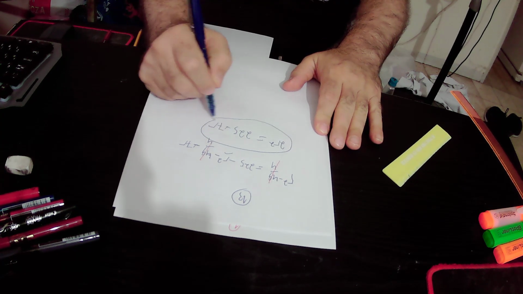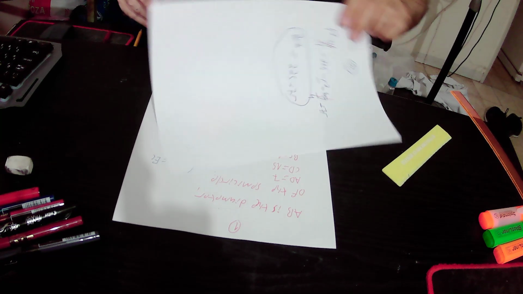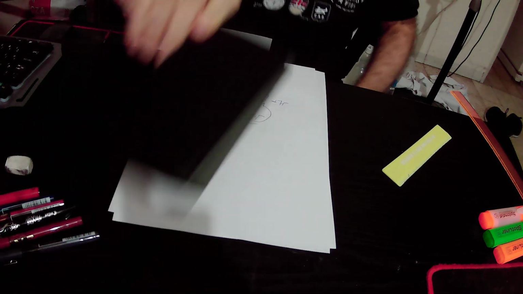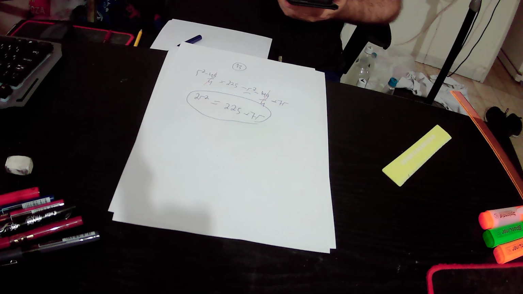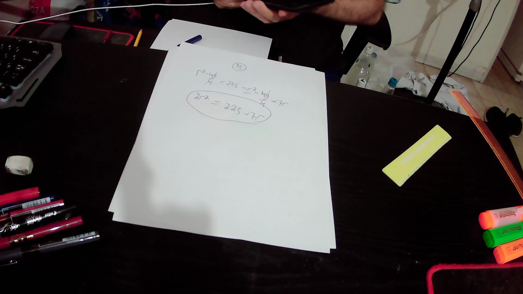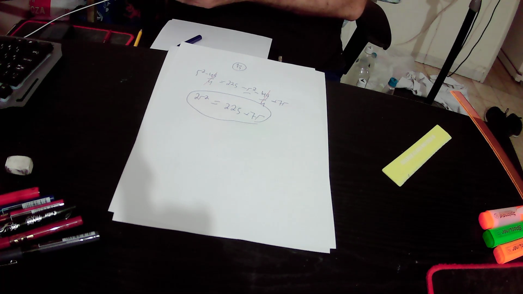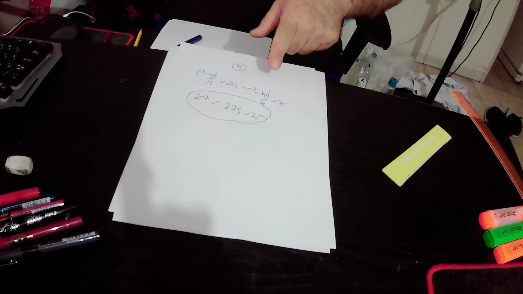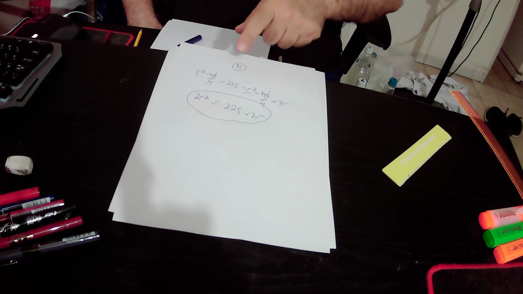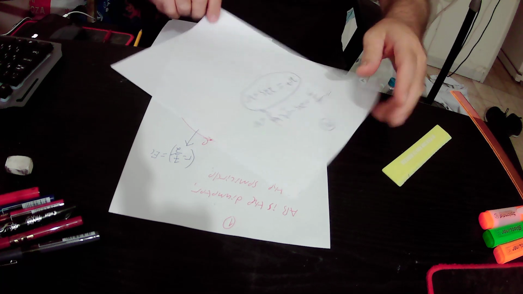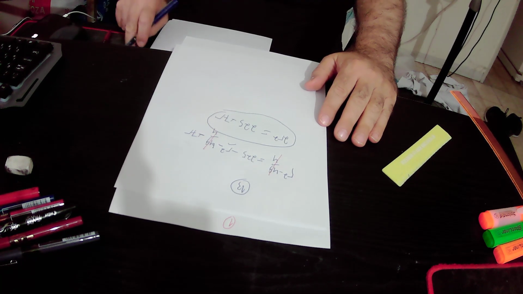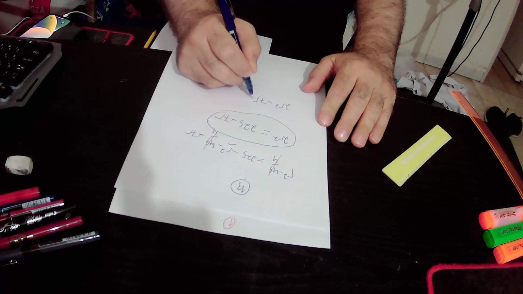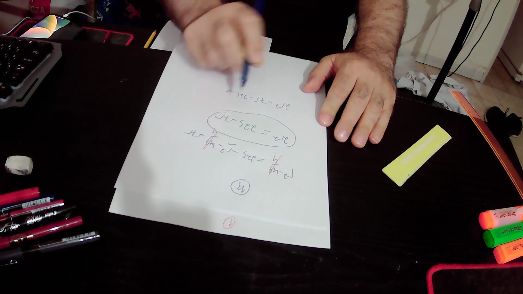Okay, so here we will substitute 225 and 7r from this equality, and we will get that 2r square minus 7r minus 225 equals 0.